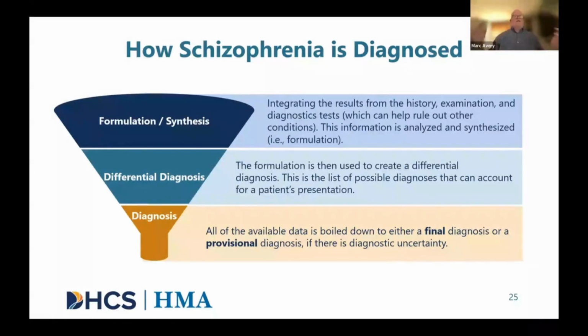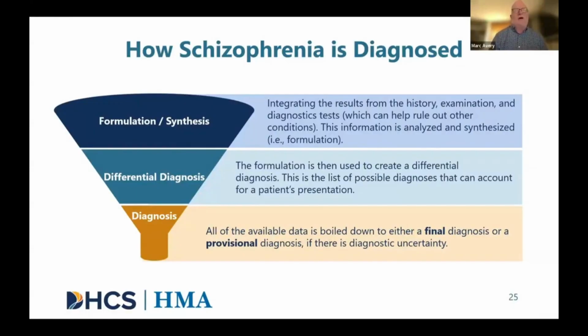What is the list of all possible diagnoses that can account for all of these symptoms and signs? And as you'll see in the notes, the list of the possible things that could explain the symptoms and signs could be quite large. Could include substance-induced conditions, could include other forms of psychosis, such as mood disorders with psychotic features.